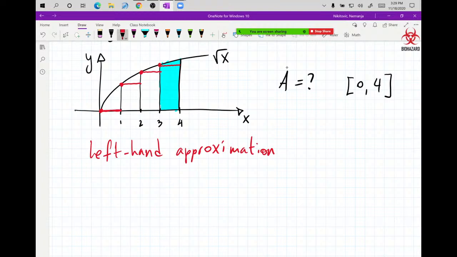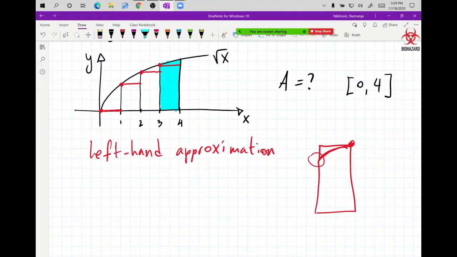When I draw the shape like this, I have the left side and the right side. The left side is the one where I draw the rectangle, which means I have error above. If I draw the rectangle from the other side, the right side, that's why it's called the right approximation.